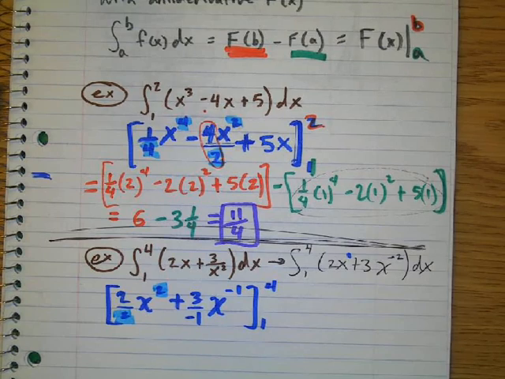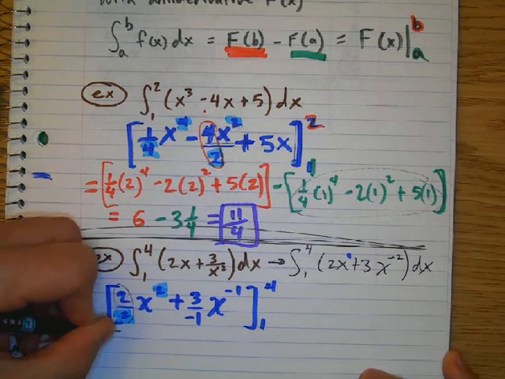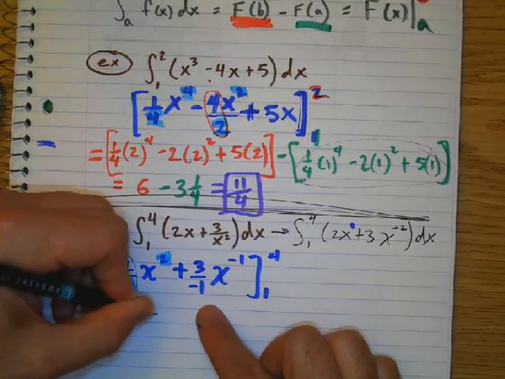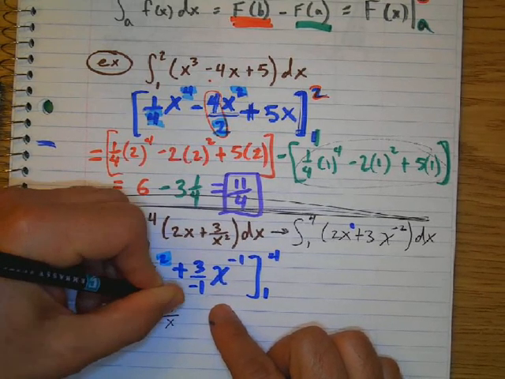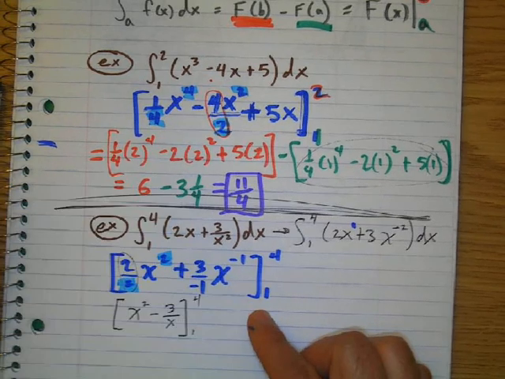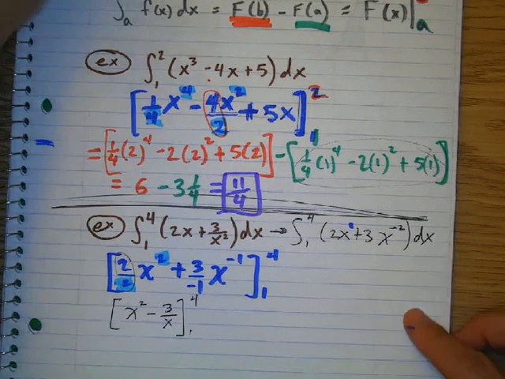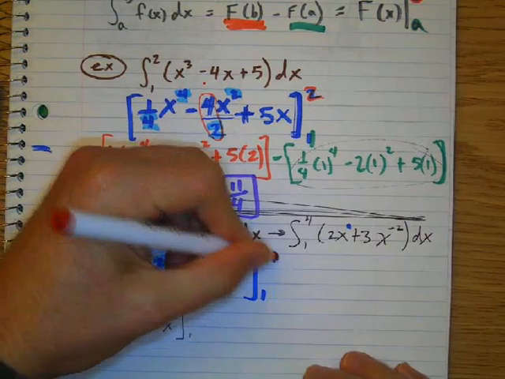Okay, so let's simplify this. 2 over 2, that's going to be 1. So we've got x squared minus 3 over x from 1 to 4. Now we're going to plug in 4 for x.